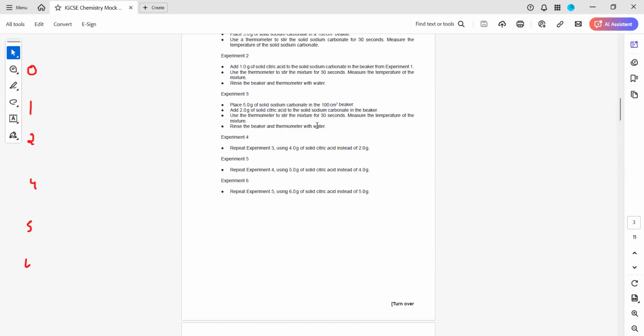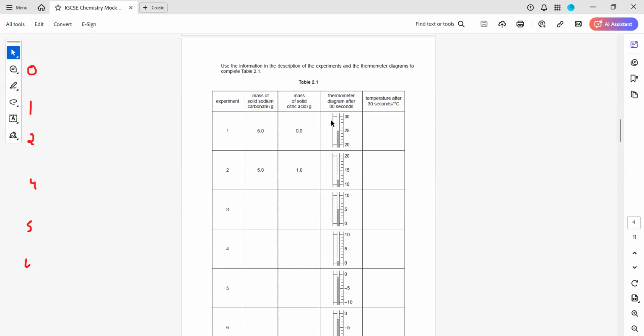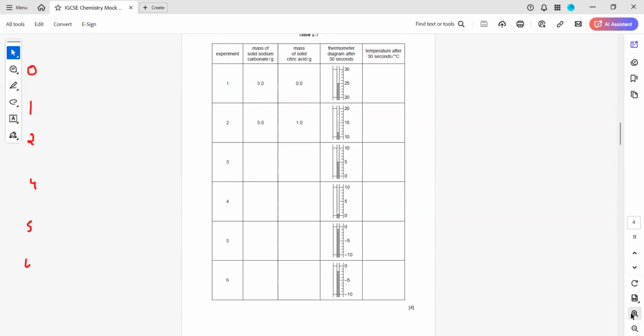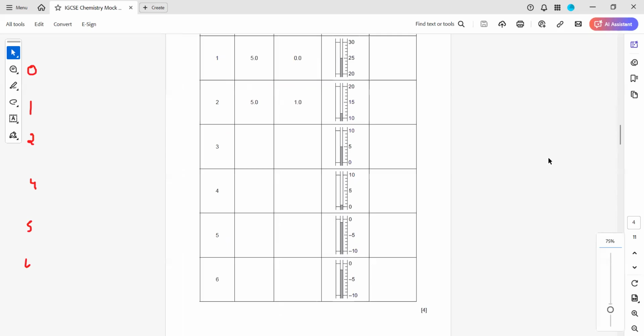And then the temperatures: 25, then 11.5, then 0.5, -1, and -2.